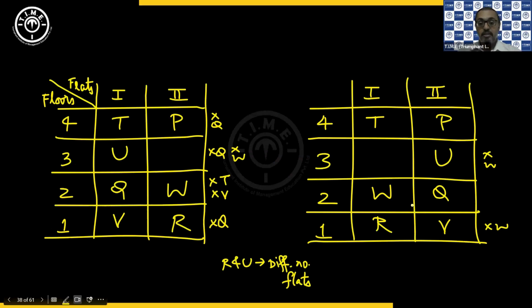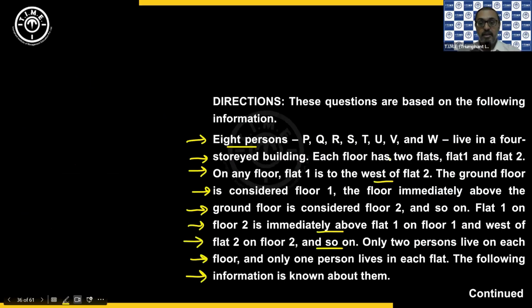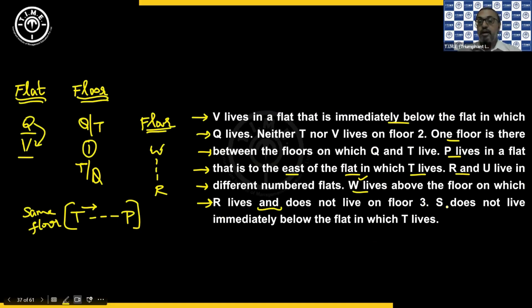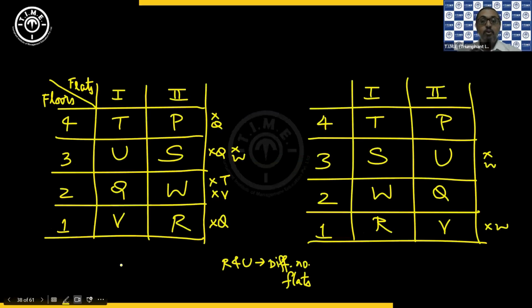And who's the remaining person? The remaining person is S. So you put S here. Now, what is the one last piece of information we have? S does not live immediately below the flat in which T lives. So S should not be immediately below the flat of T. Now, unfortunately, when you look at the second case, I am getting S immediately below the flat in which T lives.